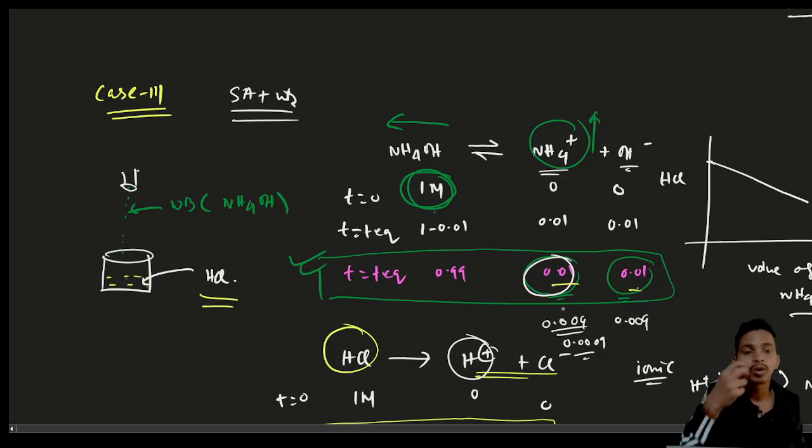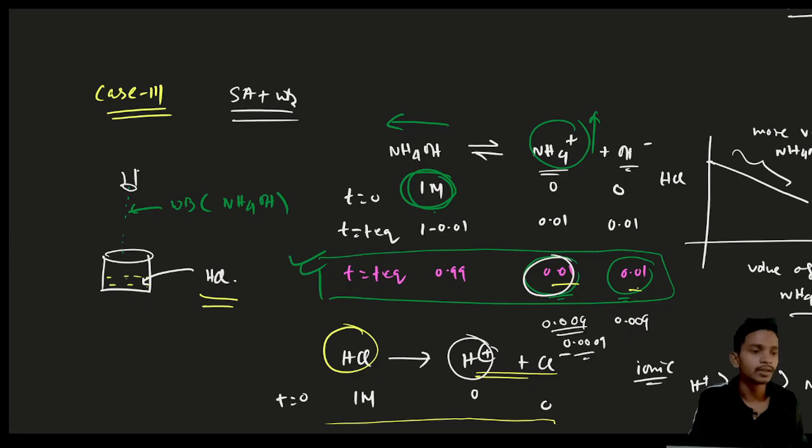So we have to add a larger amount of NH4OH, and only then will the concentration of HCl decrease. Whenever we add one drop, we are actually adding 0.01, and in the next drop, due to the common ion effect, it again decreases to 0.09, and with another drop, 0.009, a very small amount. So more volume of NH4OH is needed, because due to the common ion effect, whatever you add, let's say 1 drop means actually you are adding 1 mole, but it comes into the solution only as 0.01.